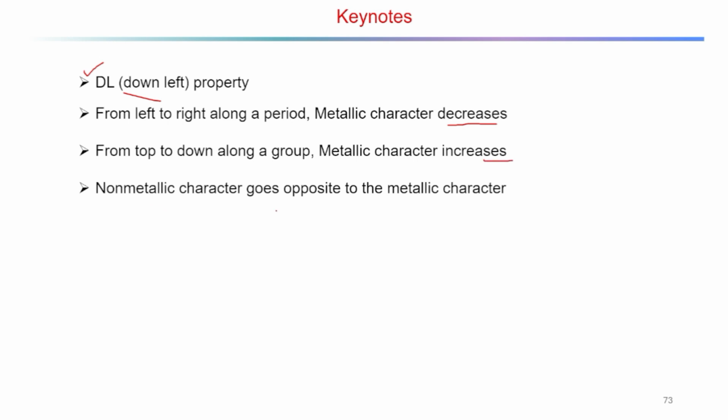Non-metallic character goes exactly opposite to the metallic character. So from left to right along a period, as the metallic character decreases, the non-metallic character increases. Whereas from top to down along a group, as the metallic character increases, the non-metallic character decreases. So if someone asks you about non-metallic character, you just simply have to reverse the metallic character trend. Okay.